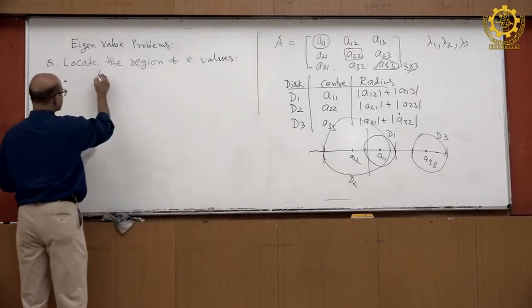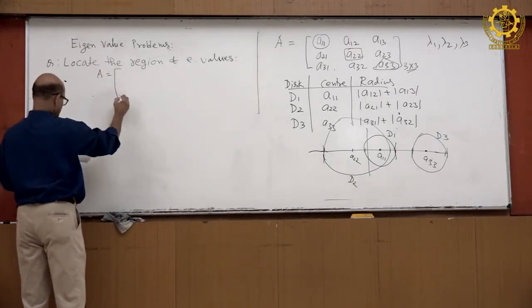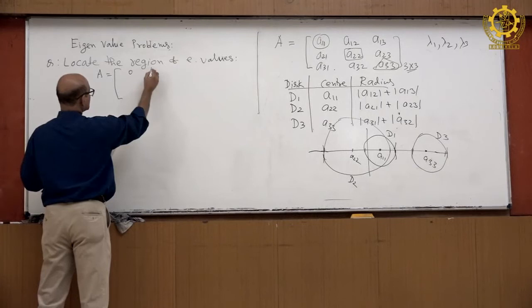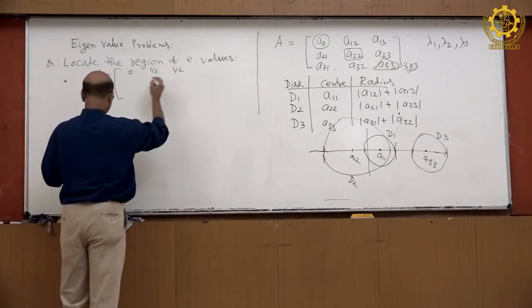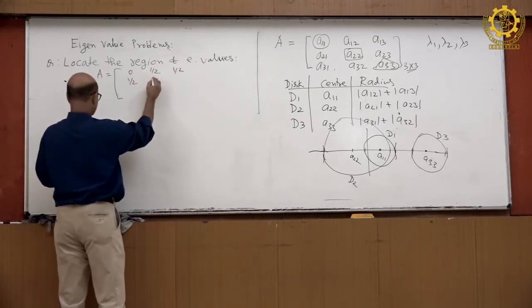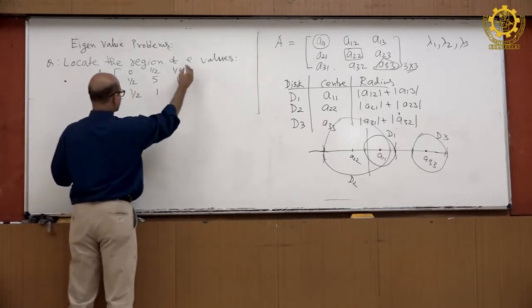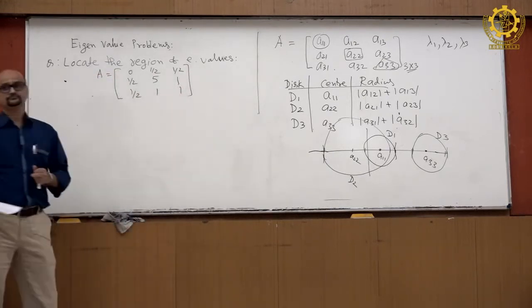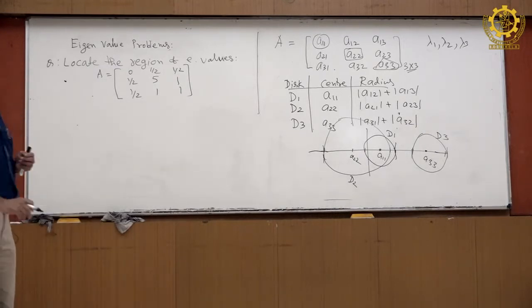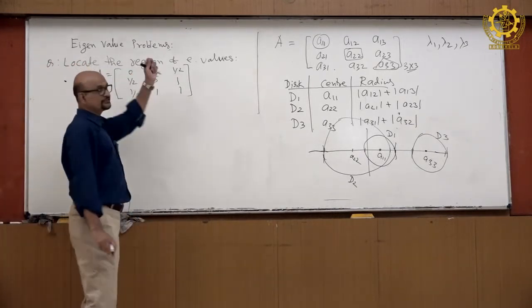Given the matrix A as 0, half, half; half, 5, 1; half, 1, 1. So, this is the given matrix A. I need to find the region.